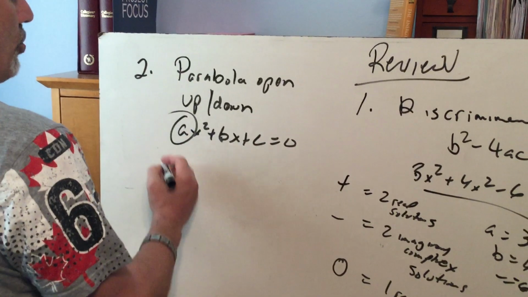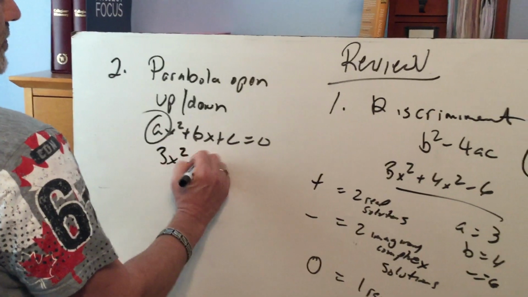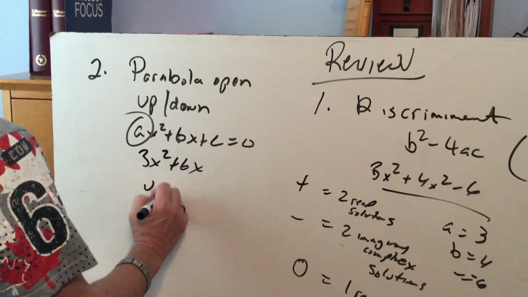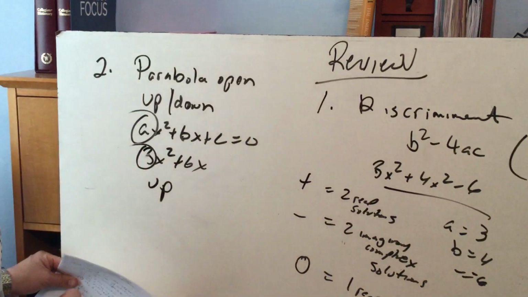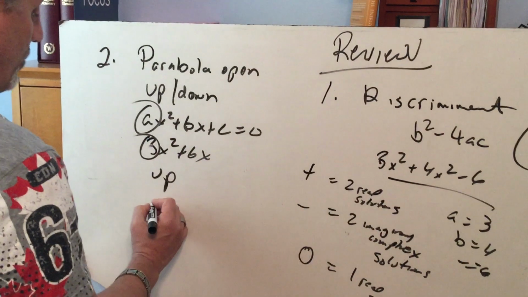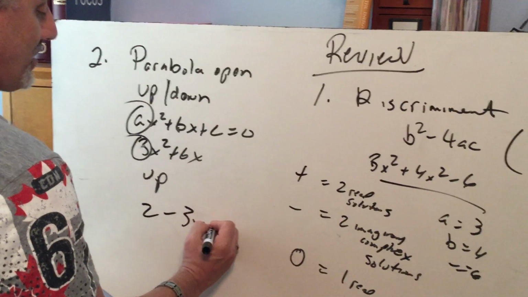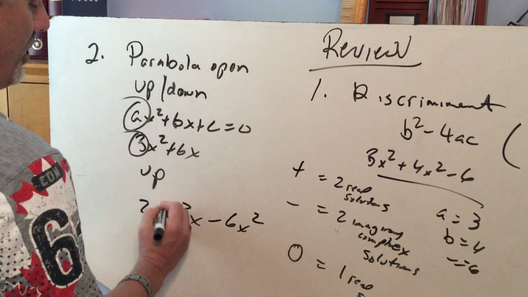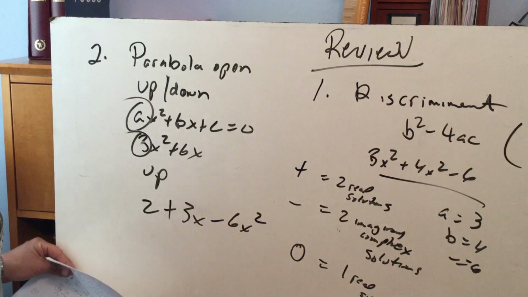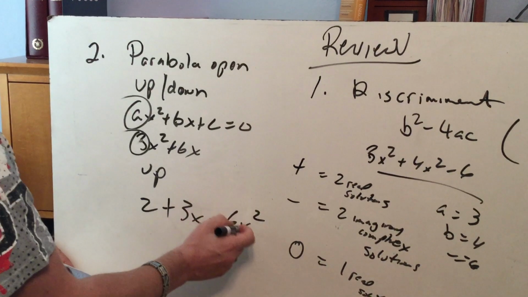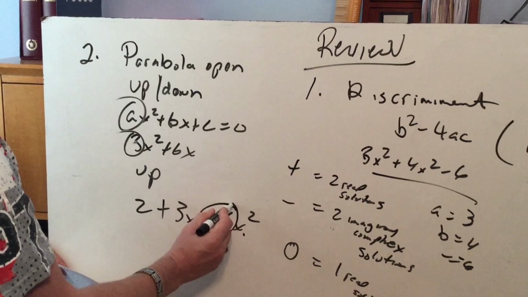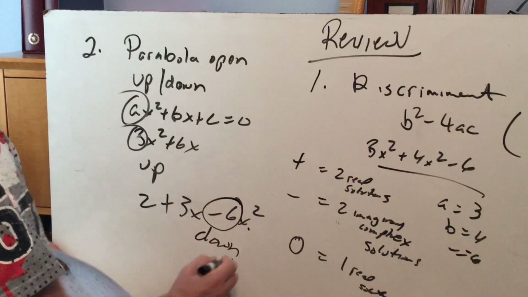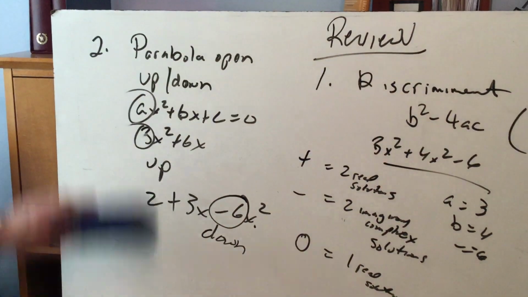If it says 3x squared plus 6x, what is it? It opens up because what's in front of the x squared is positive. But if I give you a tricky one like 2 minus 3x minus 6x squared, let's put this as plus. We look at where the square is, and it's negative. It opens down. Got it? You're going to have a couple of those.